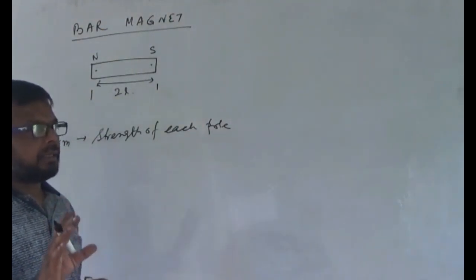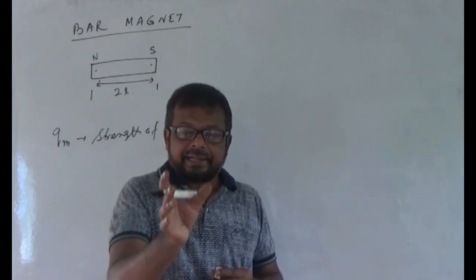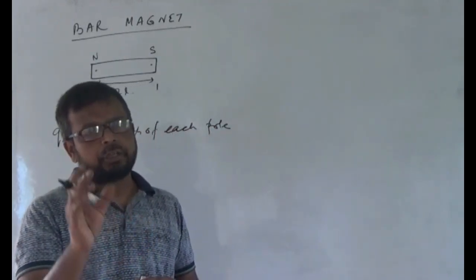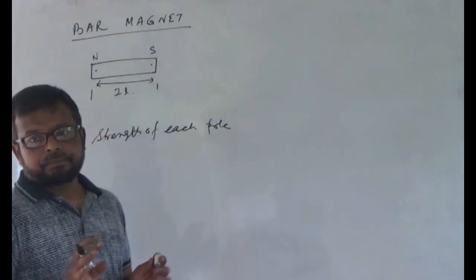The ratio of the magnetic length to the length of the magnet is nearly 0.86 or 0.85.